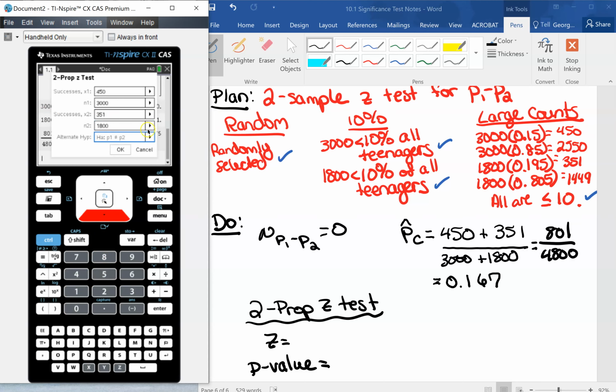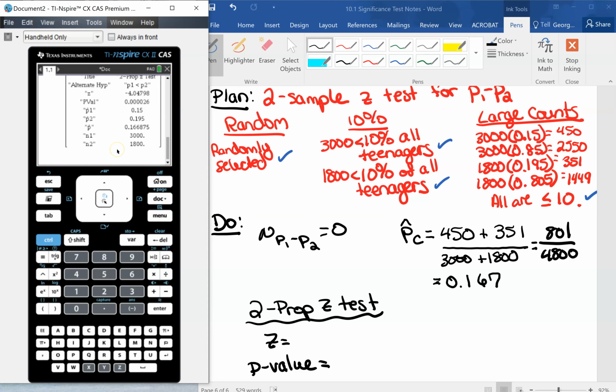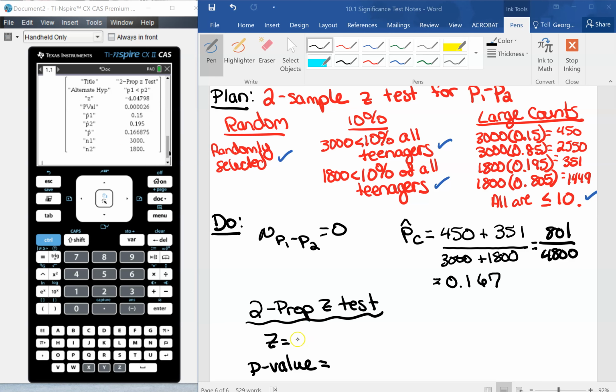Going to our alternate hypothesis, we had less than 0, so we want the less than. Hit OK, and it's going to spit out everything we need. So we end up with a z of negative 4.05, rounded off, and a p-value of 0.000026, which is super teeny tiny.